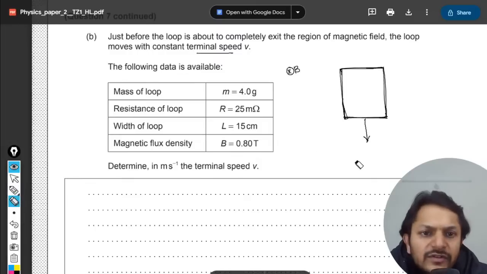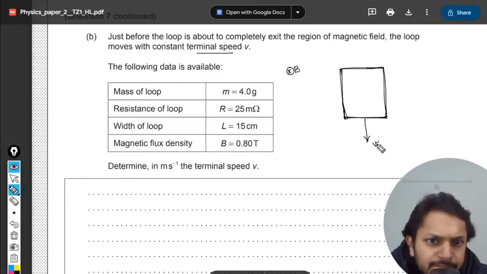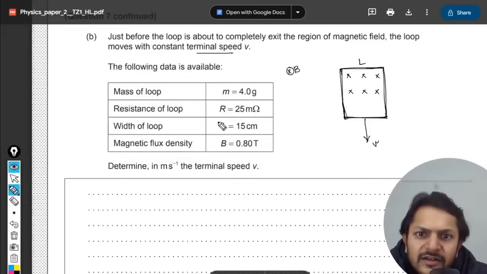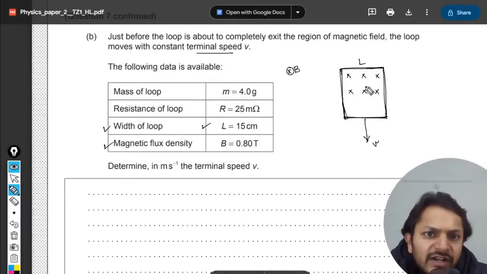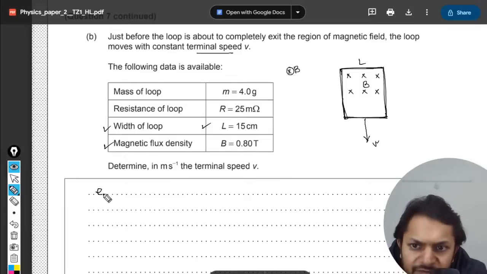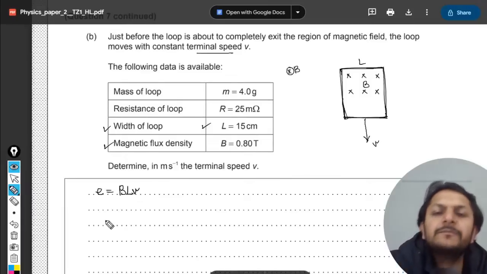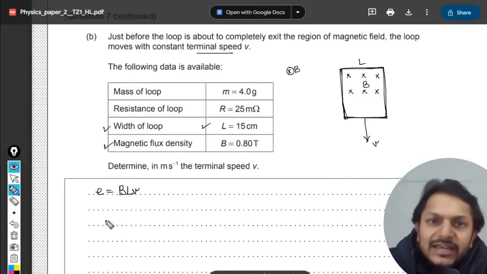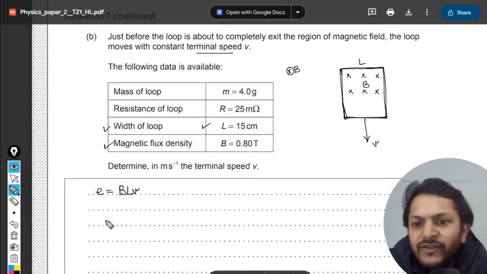The magnetic field inside is B, the width of the loop is L, which is given, and the magnetic field B is also given, v is there. So the EMF induced will be given by BLv. This is the formula for the motional EMF. You must be remembering it, BLv.